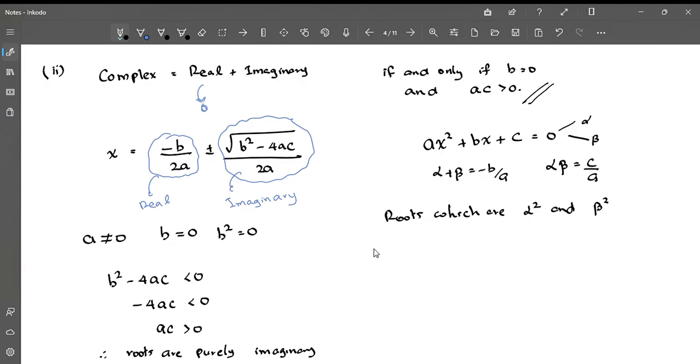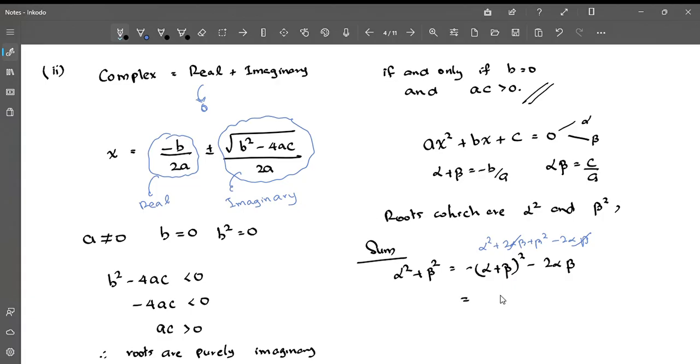First of all, consider the sum. What is the sum? Alpha squared plus beta squared is basically alpha plus beta whole thing squared minus 2 alpha beta. If you simplify this, you will have alpha squared plus 2 alpha beta plus beta squared minus 2 alpha beta. This and this cancel off. Alpha squared plus beta squared is remaining.